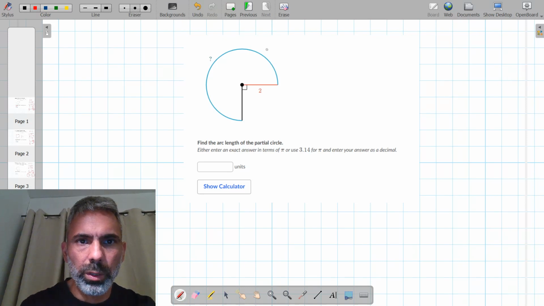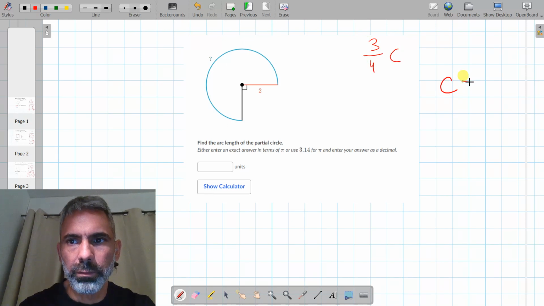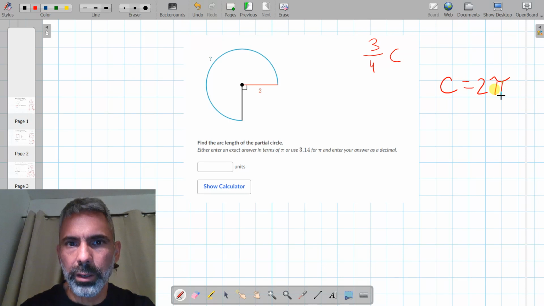So now we know that the length of the arc is 3/4 of the full circumference. The full circumference is 2 pi r, and we see that r equals 2.